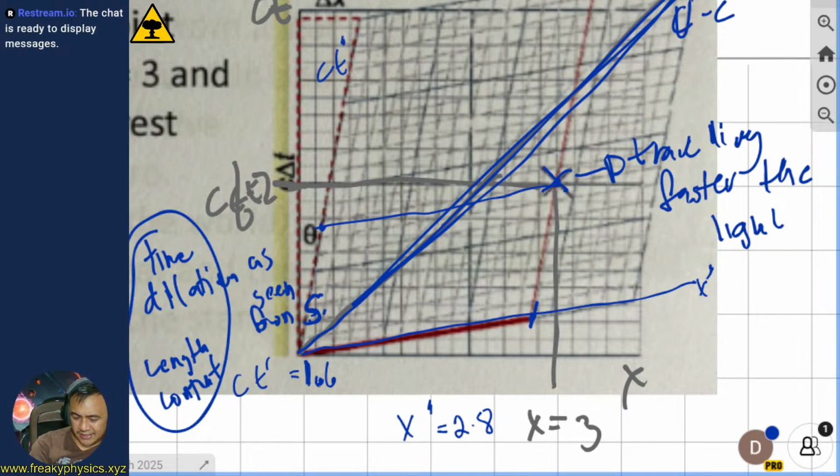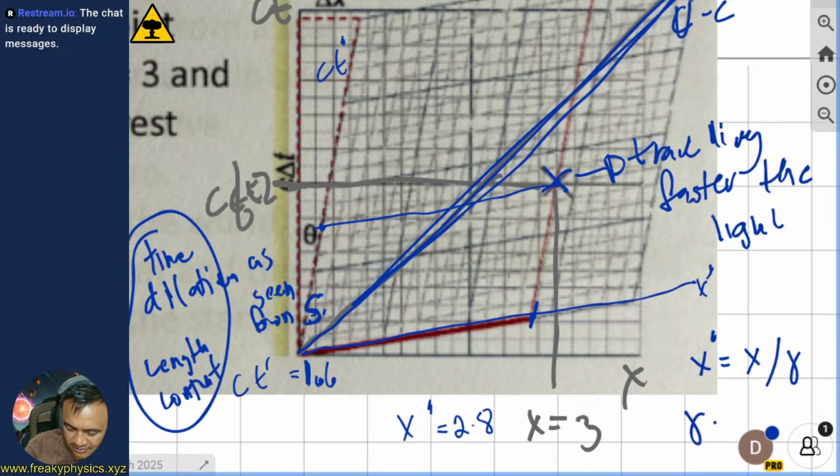Now, what's the Lorentz factor? We can actually see what the Lorentz factor is here. In this case, x prime should be equal to x over gamma, right?